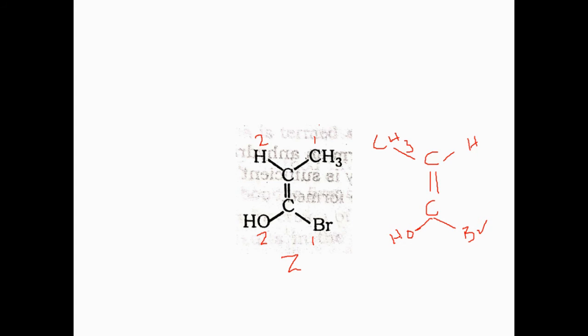By changing the position of one of the atoms, we get the opposite configuration. This is 2, 1, and the same priorities are arranged in the opposite manner. So this configuration is E.